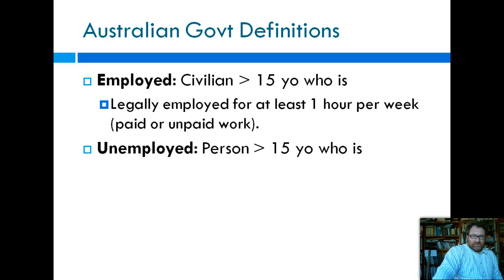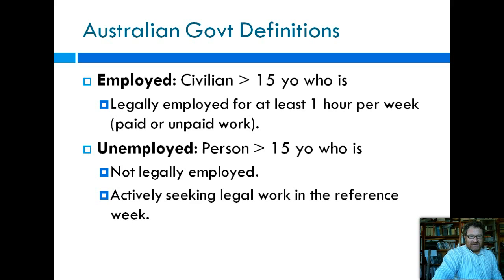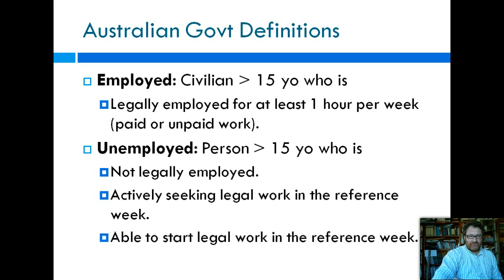An unemployed person is someone who is over the age of 15, who is not legally employed, is actively seeking legal work in the reference week in which they are asked by the Australian Bureau of Statistics.